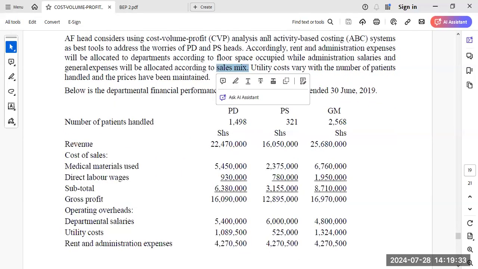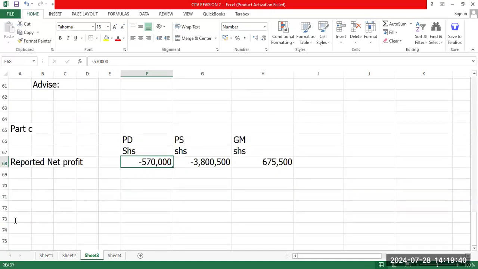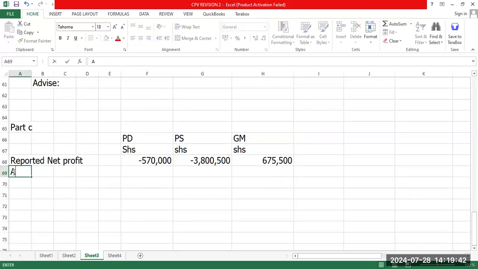And how will this effect come in? You will need to know that as you adjust, you'll first add back the thing they have talked about. In the information, they talked about which item? Rent and admin expenses.